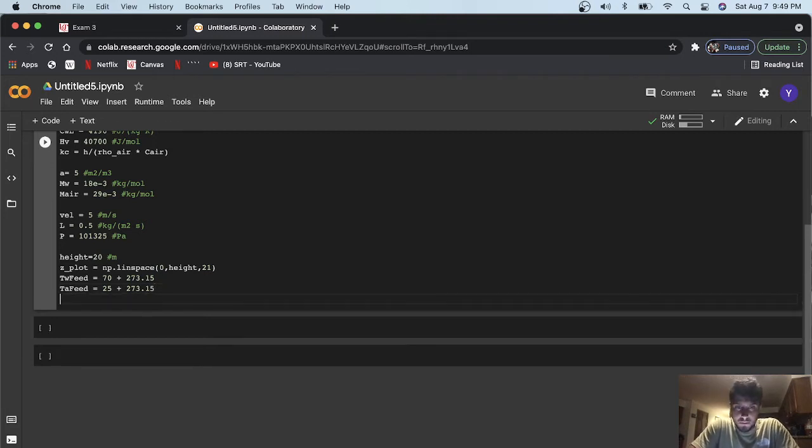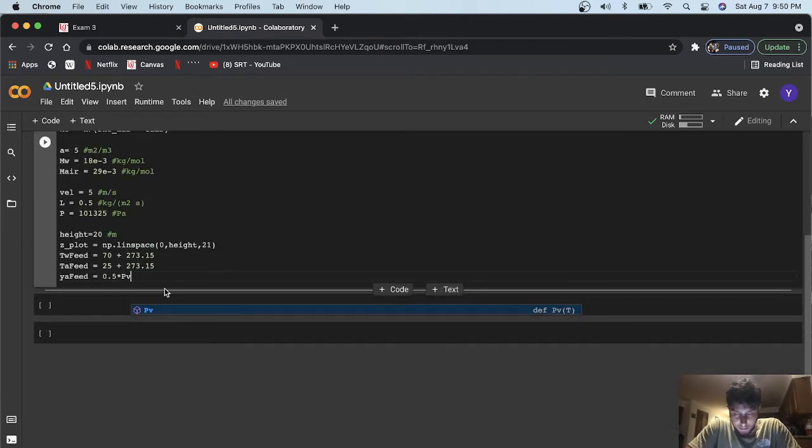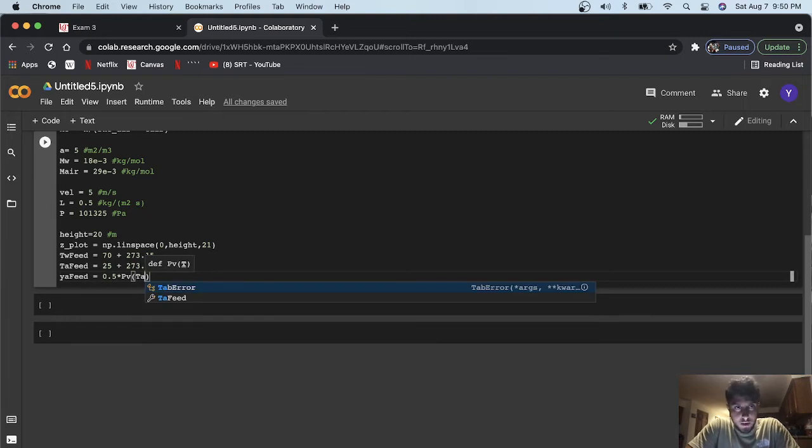We need the mole fraction of the feed, and we can write that as the relative humidity multiplied by the function that we have for Antoine's equation, multiplied by the temperature of the air of the feed, multiplied by its velocity.